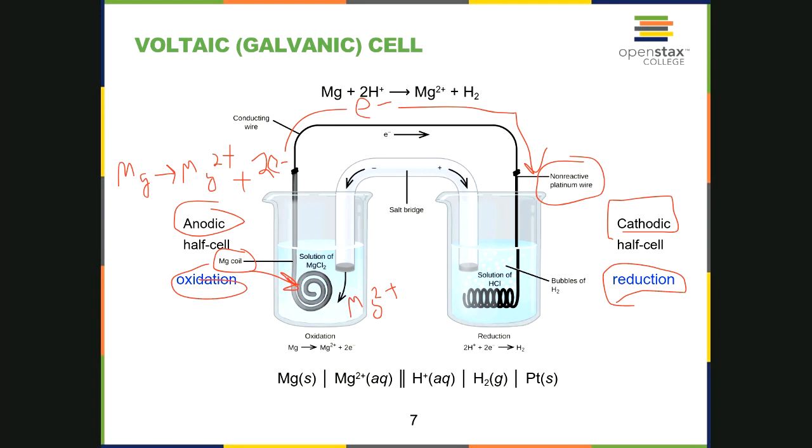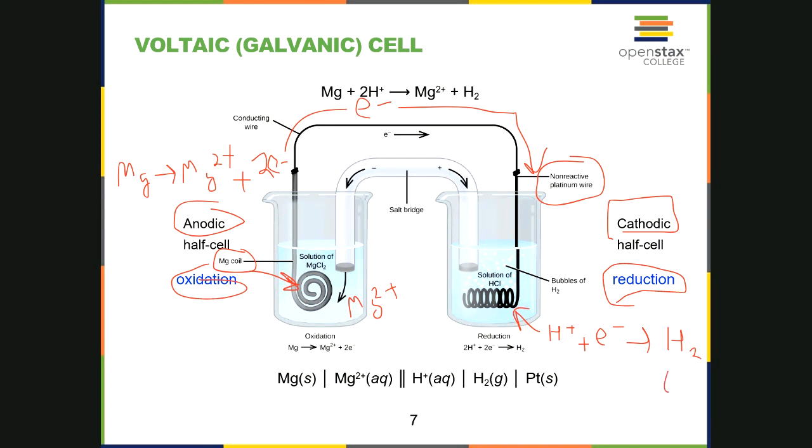And in that solution, though, we have hydrogen ions, H+. And the hydrogen ions, the H+, can pick up an electron and it can get reduced. But what we're wanting to end up with is hydrogen gas, because that's the elemental form of hydrogen.